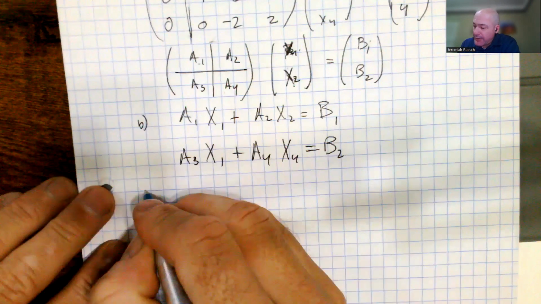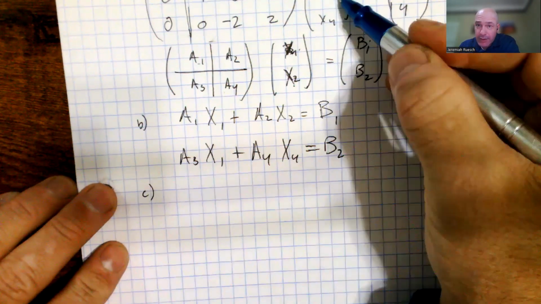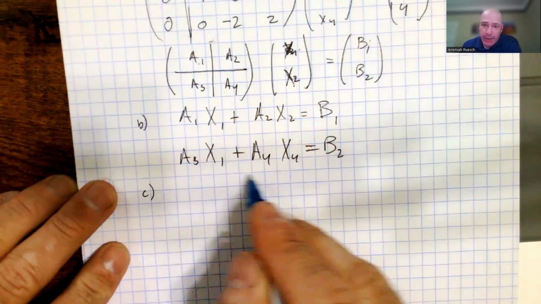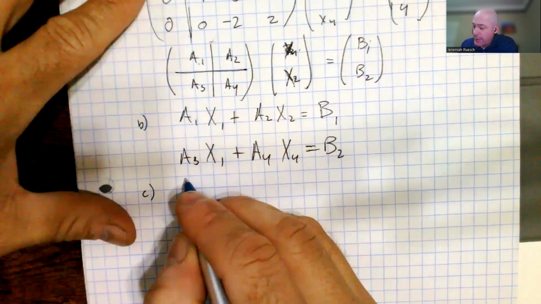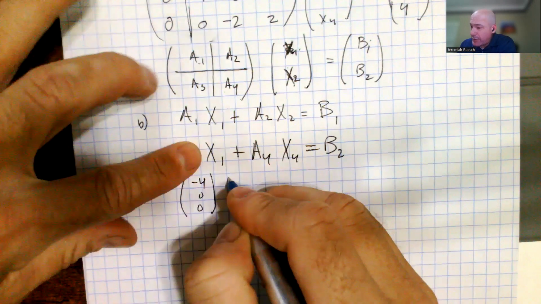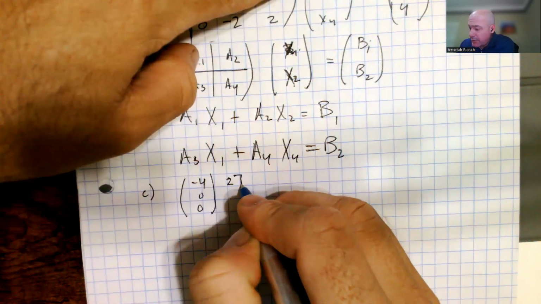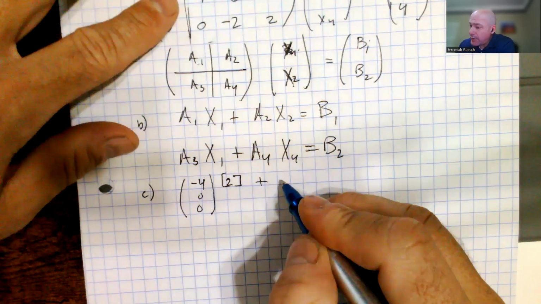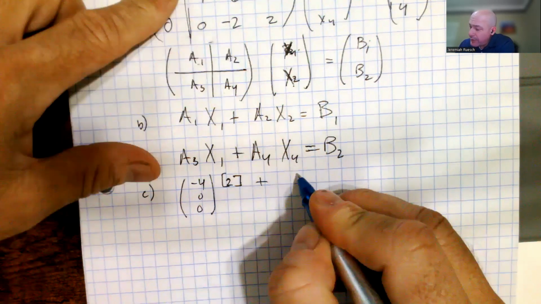Okay, and then part C asks us to find the unknowns here, X2, X3, and X4. Which really means we just need to focus on this bottom equation here. So A3 was writing it out explicitly, and then X1 was the 2 here, plus A4, which is going to be this 3 by 3 here.